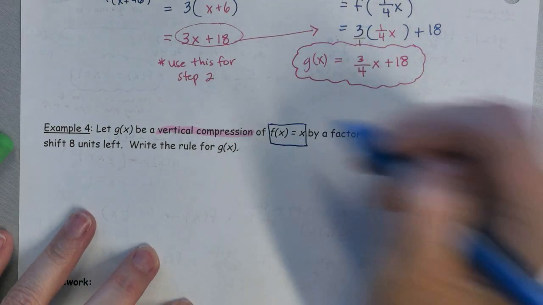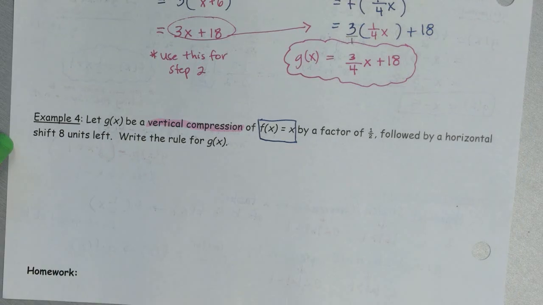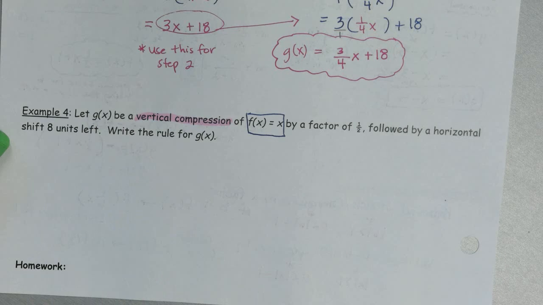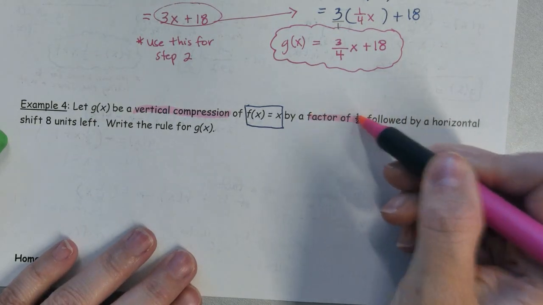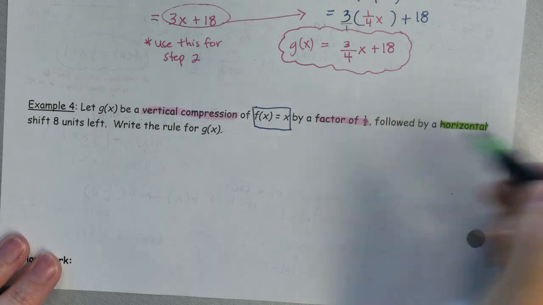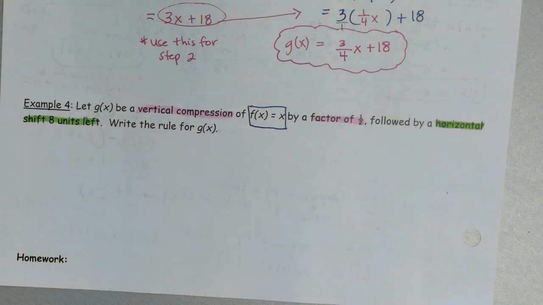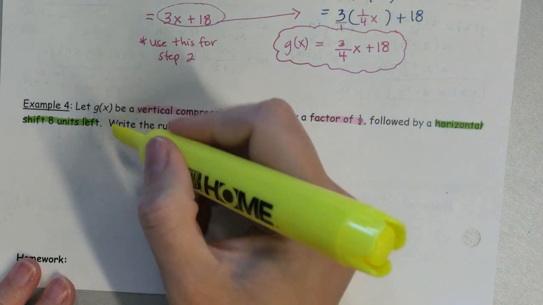This is how it will look in your book. I didn't mean to rhyme, but I did. So a factor of 1/2, and then you have a horizontal shift, 8 units left. And I want you to write that rule.